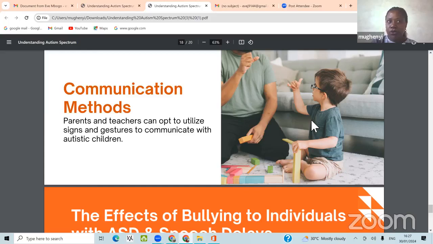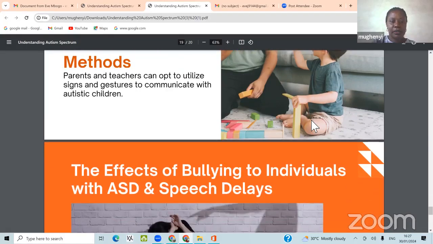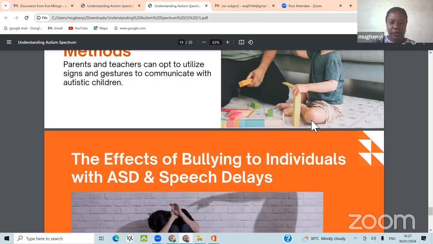They can also have a timetable, maybe time for food, time for snacks, which also will help them. So at this time, when you see this picture, okay, it is time for food, it is time for this or that. That's pictures, gestures and signs.